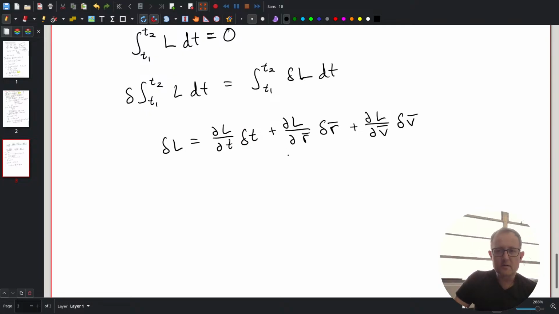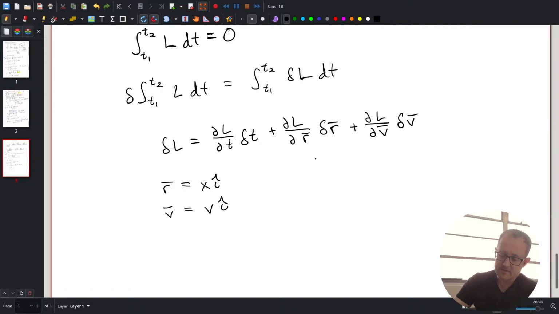Right now it's all in terms of vectors, but each vector has some scalar components. So let's say our position travels along some path x, and velocity is some speed v along that x direction.